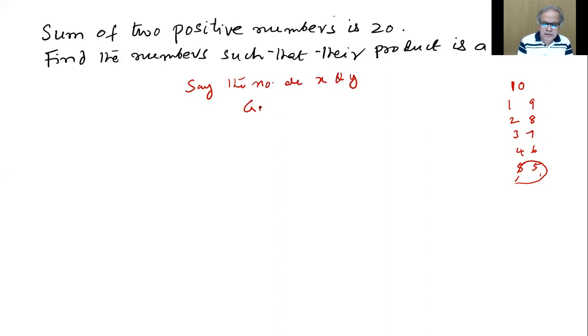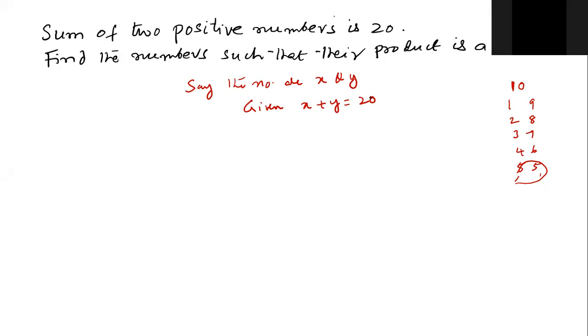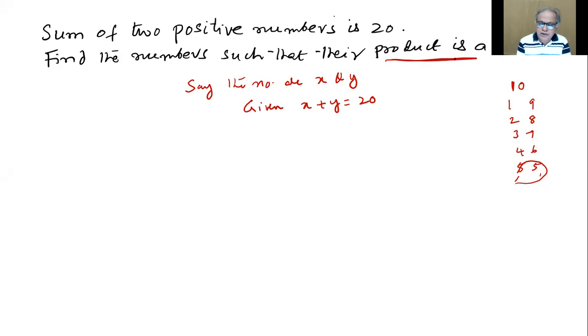Given x plus y equals 20. Is it okay? Yes, sir. Now find the numbers such that the product is a maximum. My function is the product, P equals xy. I want P to be maximum, right?